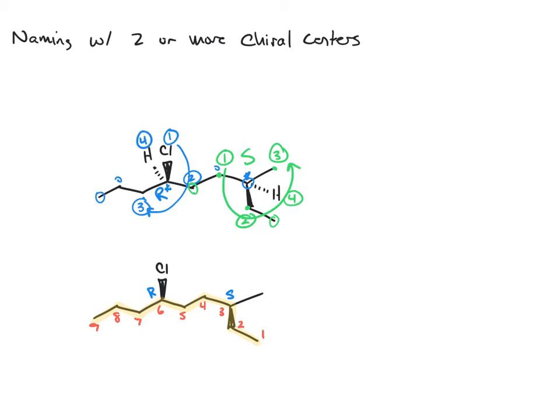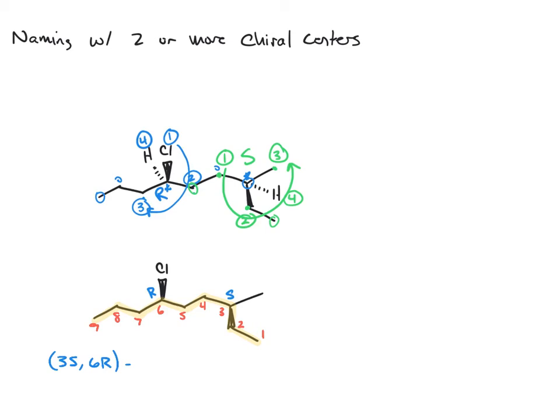All right, so to put our name together, I'm going to start with the stereochemistry designations. And I'm going to do them in numerical order. So I'm going to say 3S, 6R, all right, then just do your substituents as always.